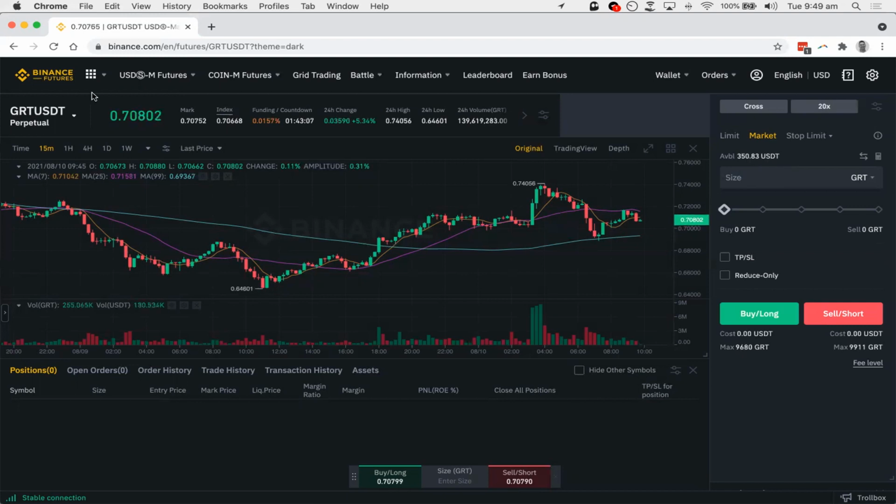I'd feel more comfortable perhaps using 25%. Binance Futures is quite neat like that. It allows you to just choose 25%. So instead of using this whole $350 balance, I'm just going to use 25% of that, or $87.50.